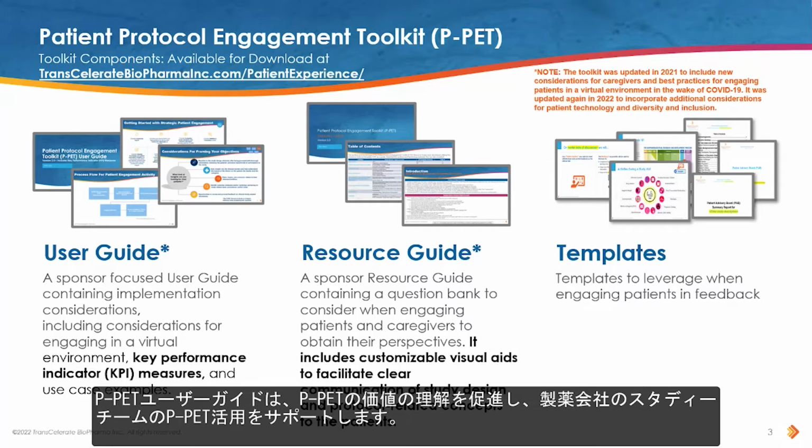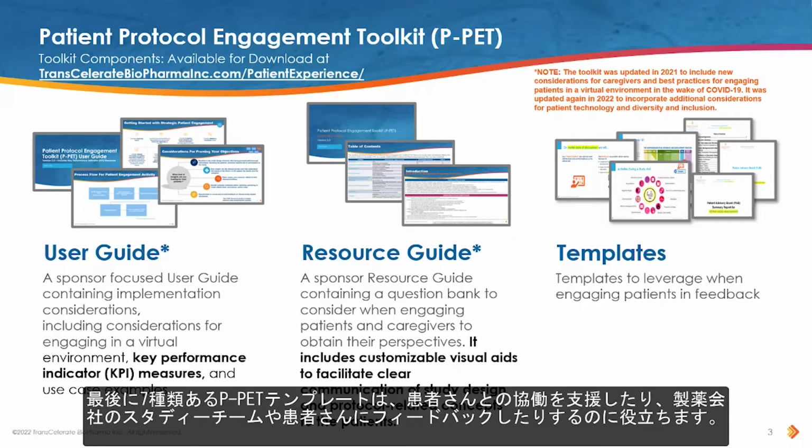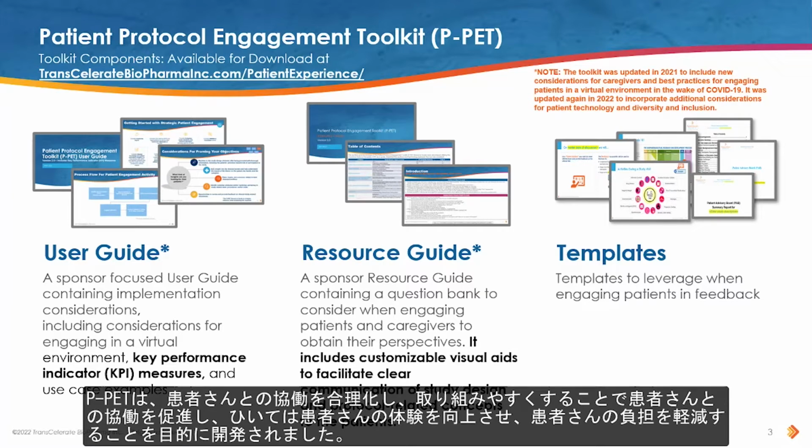The PPET User Guide is intended to support sponsors in understanding the value and in implementing the PPET. Finally, the 7 available PPET templates are intended to support engagement discussions with patients and provide feedback to both the study team and the patient.